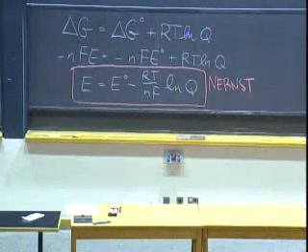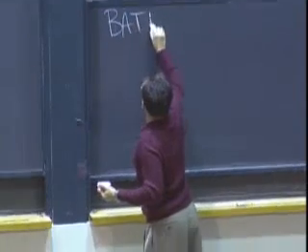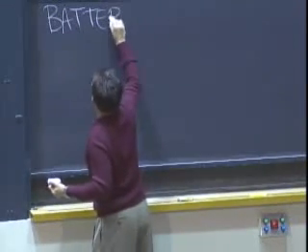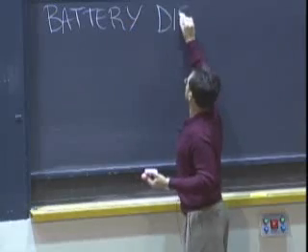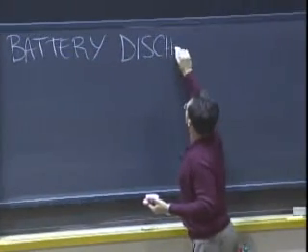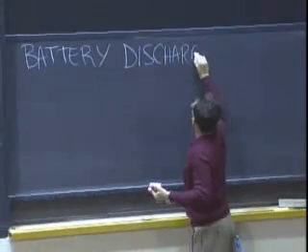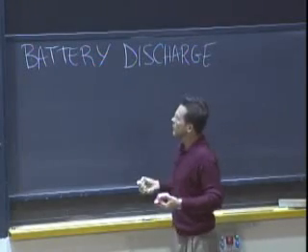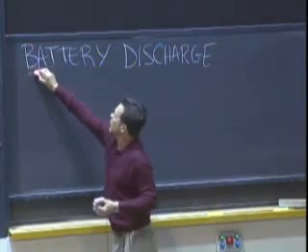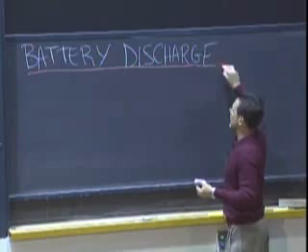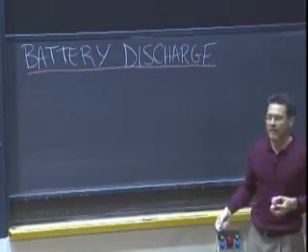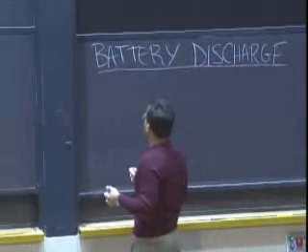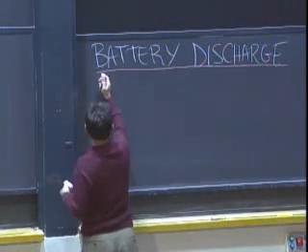And so let's pick some arbitrary material out of which to make a battery, and we'll use the Nernst equation to get information about how it will discharge. Let's consider the following cell.